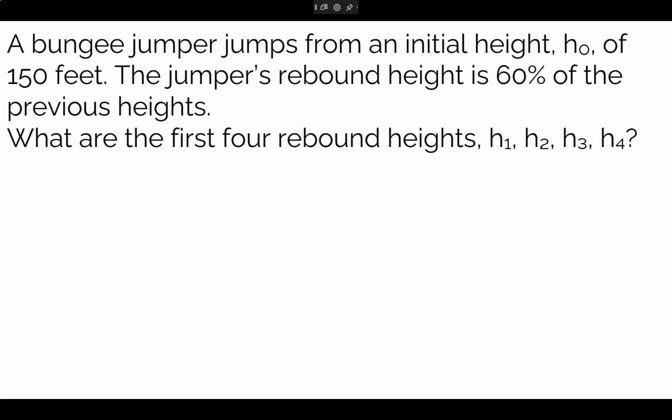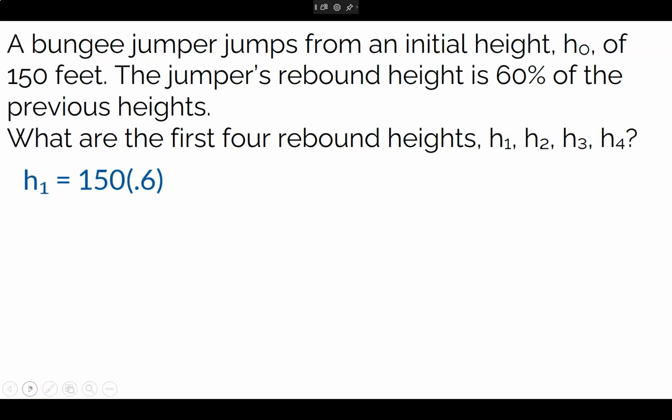How can I find the height of the first rebound after he jumps? How do we find 60% of 150? Yes, which is the same thing as multiplying by 0.6.